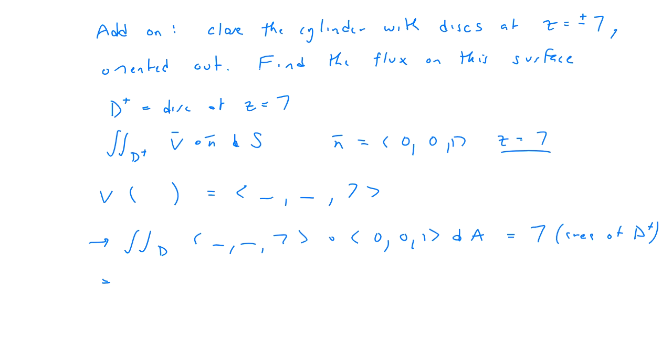And the area of the disk is 25 pi, because it's a disk of radius 5. Well, sort of, as I said.